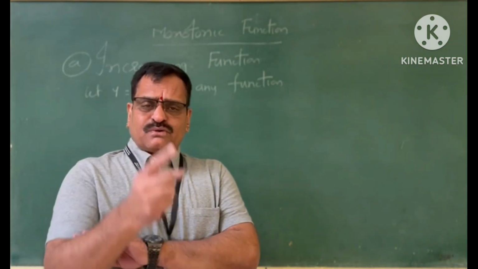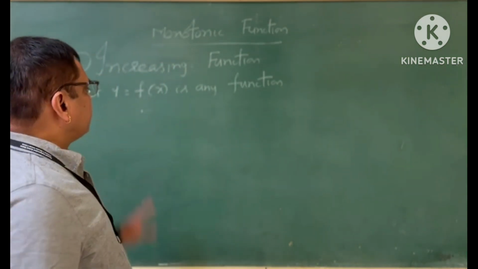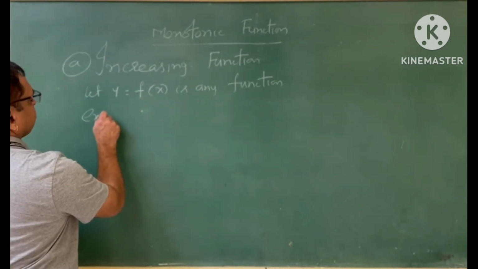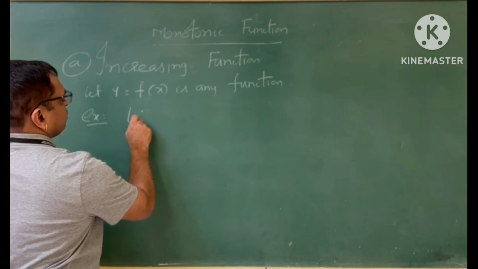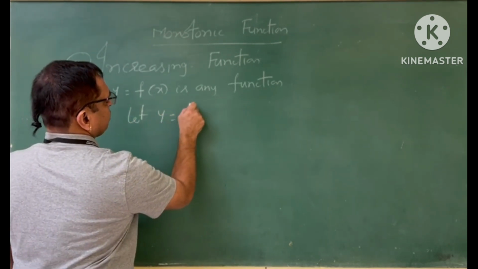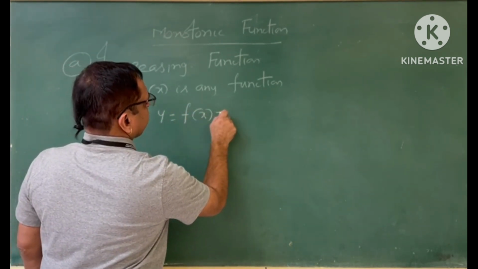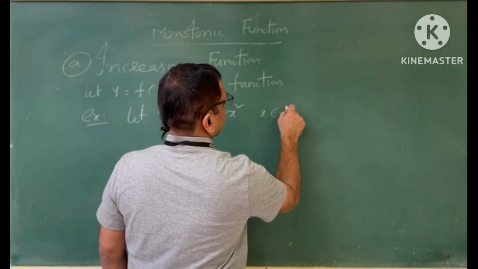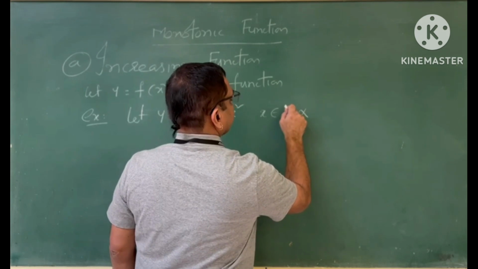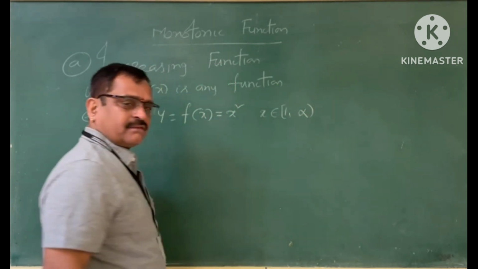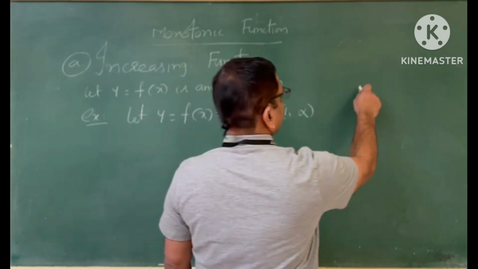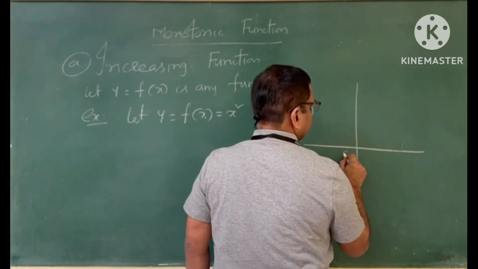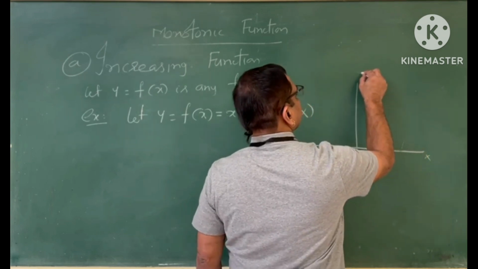Let us discuss one example about an increasing function. Let's say I have a function, let y is equal to f of x is equal to x square, where x belongs to 1 to infinity. And the graph of the function is like this. This is 0, x-axis, y-axis.